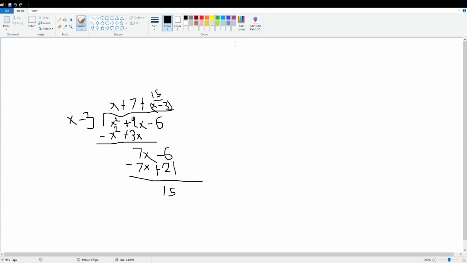And we can check our work by actually multiplying the binomials. x minus 3. This whole thing is multiplied by x minus 3.